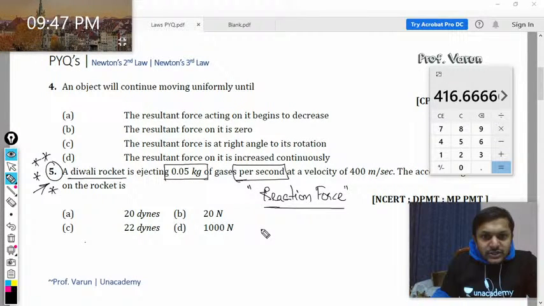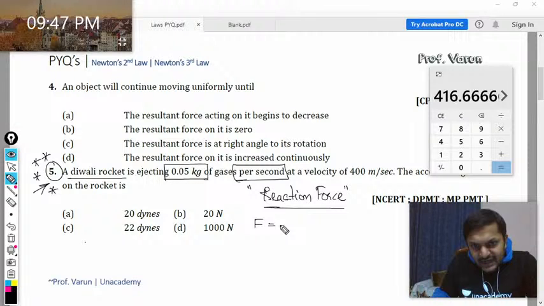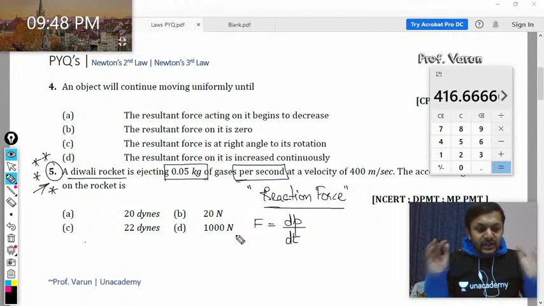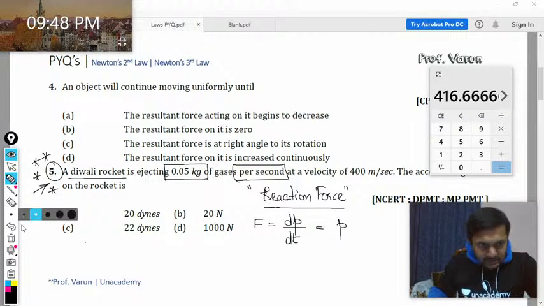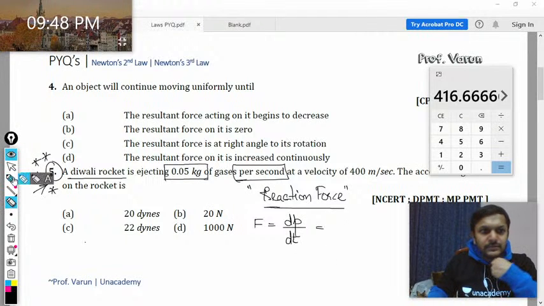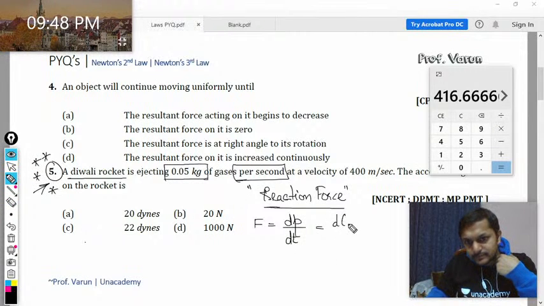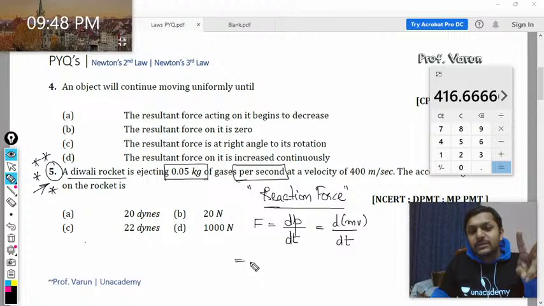So let me tell you, according to Newton's second law, the force is given by this. But this is a derivation of reaction force. Write it down completely, don't just miss it, okay? Differentiating when there are two variables, keeping one constant.